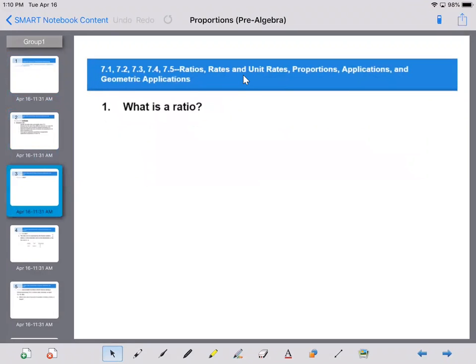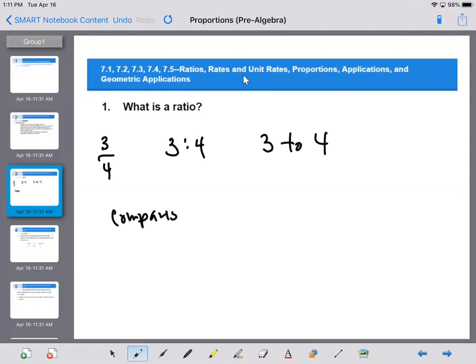I want you to be thinking about what is a ratio. We can have things like 3:4, or we could write it 3 to 4, or as a fraction. So anything where you're doing a comparison. It's a comparison of two quantities by division.